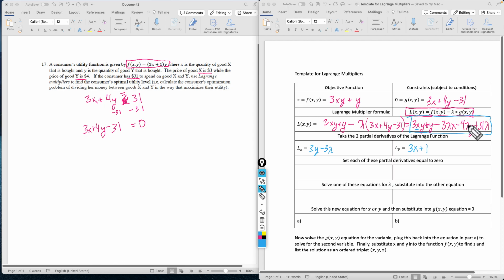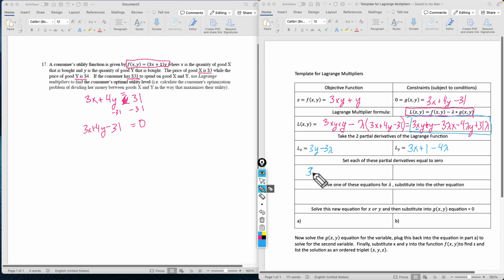Derivative of negative 4 lambda y, derivative of y is 1 times negative 4 lambda. And then the derivative of 31 lambda is 0 because it's a constant. Okay, we set them both equal to 0.